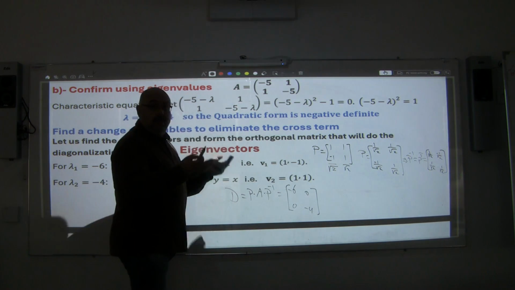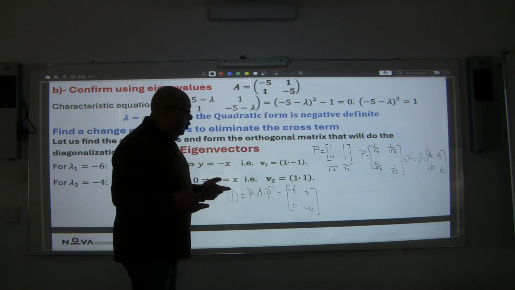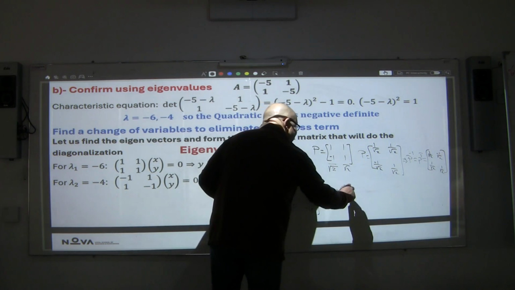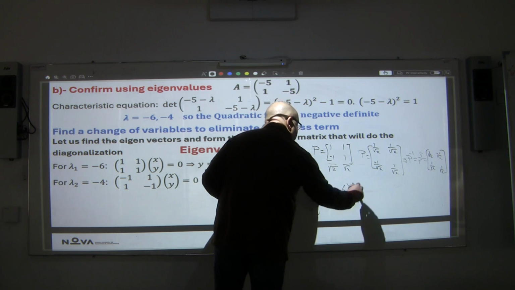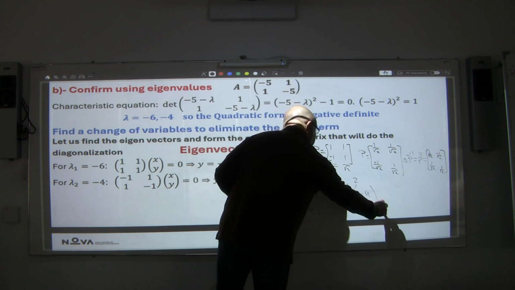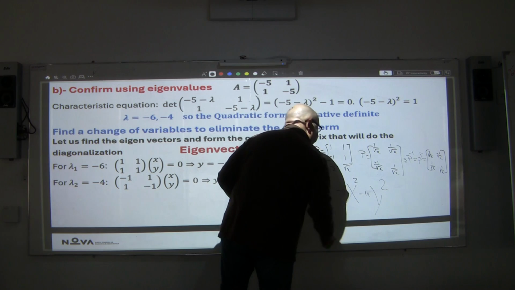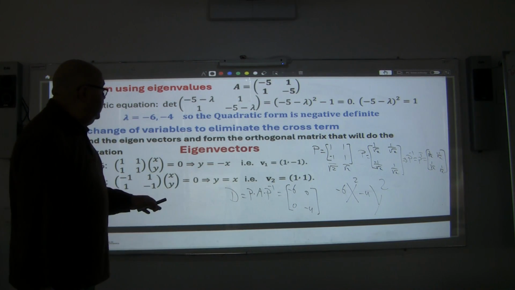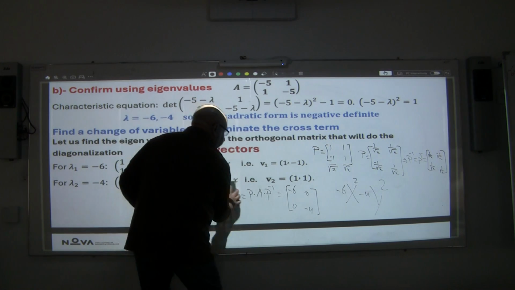So the new quadratic form, after eliminating the mixed terms, is going to be -6 x squared minus 4 y squared, and that's the quadratic form. We will go through these steps with the slides step by step.